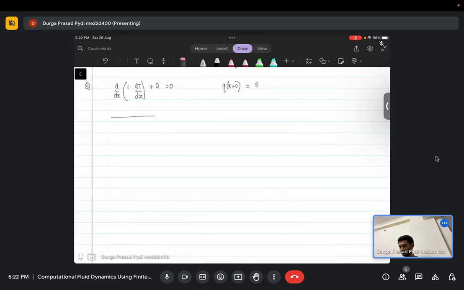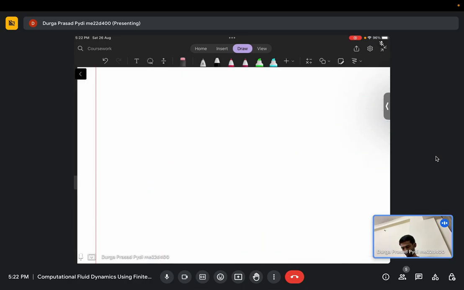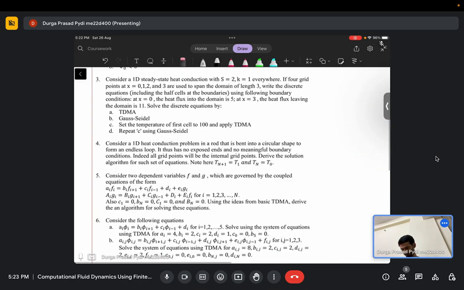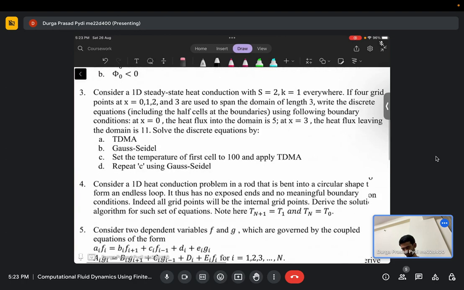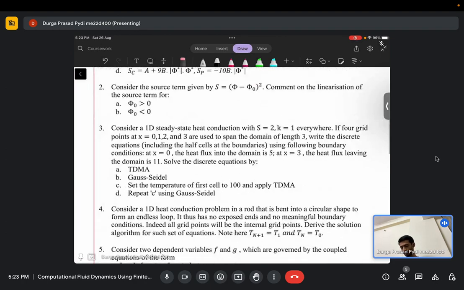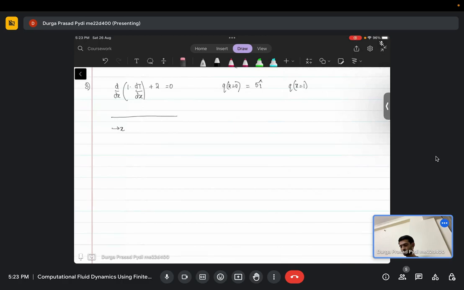With positive x direction, at x equal to 0 it is 5 i cap, and at x equal to 3 the heat flux is 11 and that is outward, so at x equal to 3 this is 11 i cap.